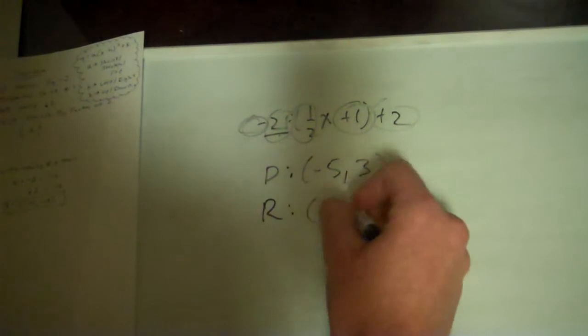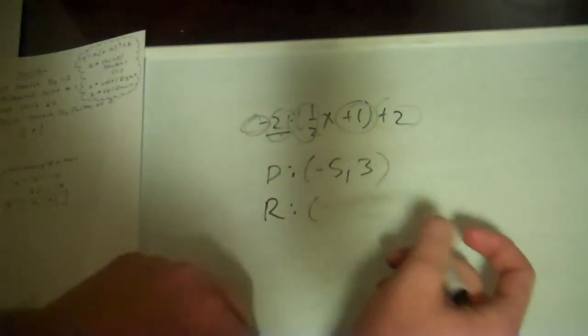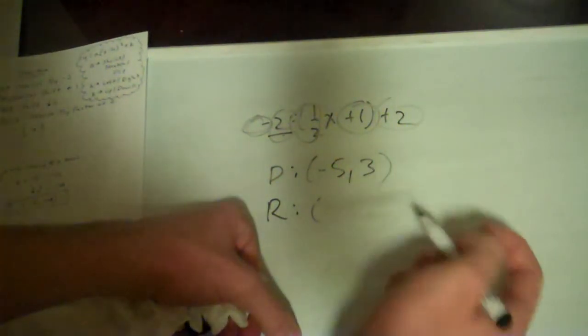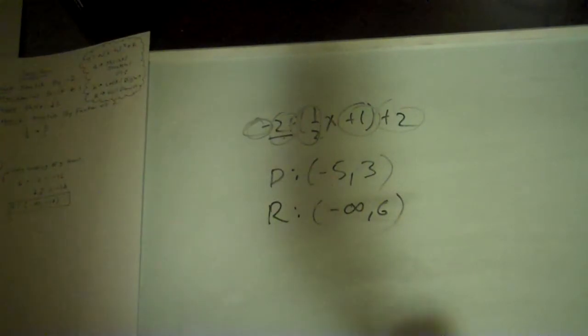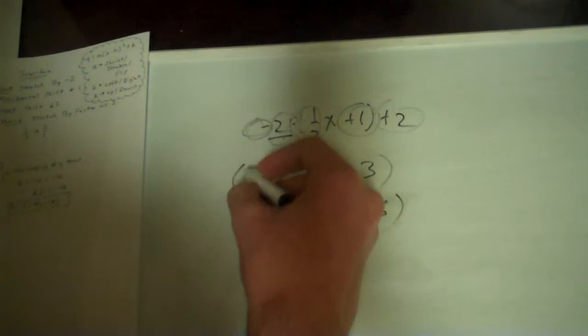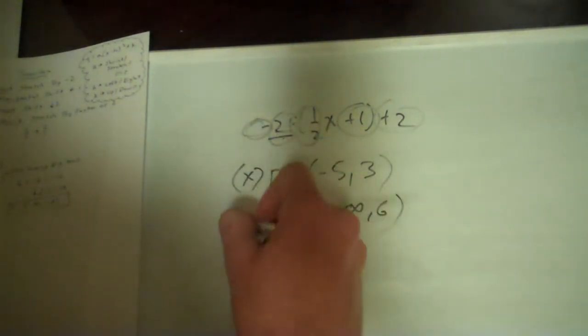Here are our originals: negative infinity, 6. So we have this transformation, and what is the domain? The x values are the domain, and the range is the y. We can look at these x and y transformations, which are here. Vertical is going to be y, and horizontal is going to be x.